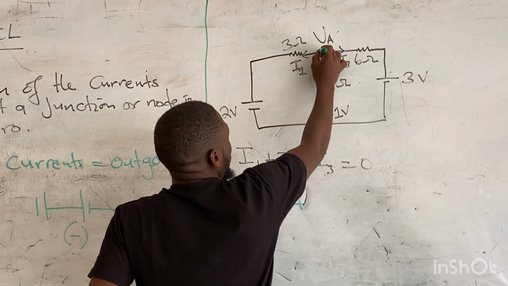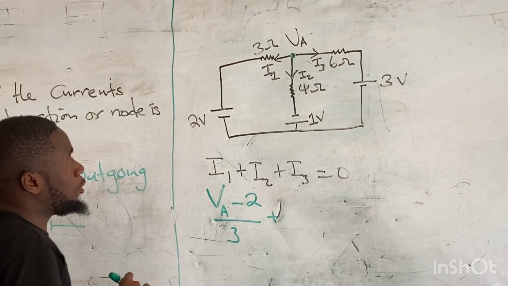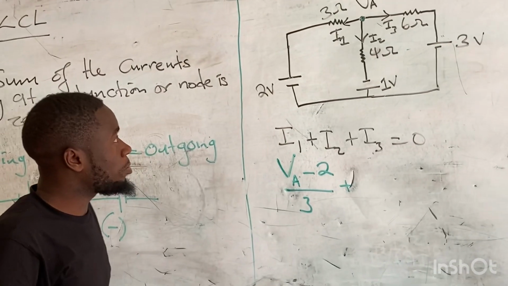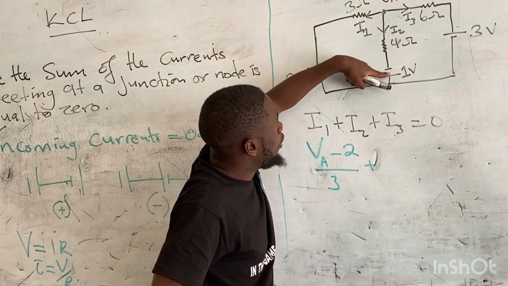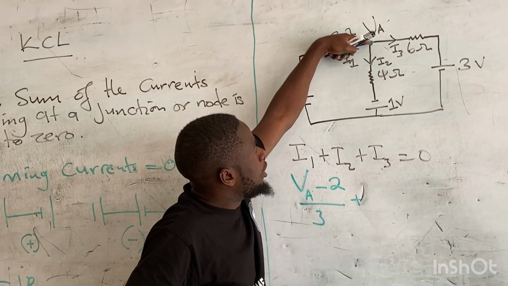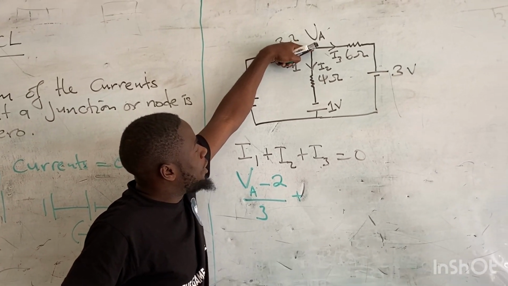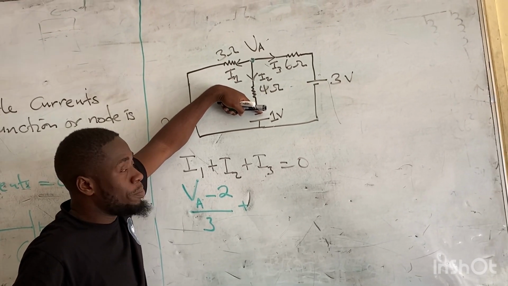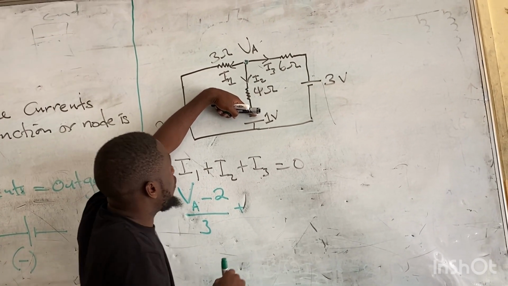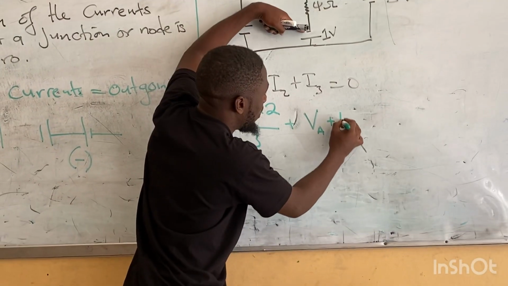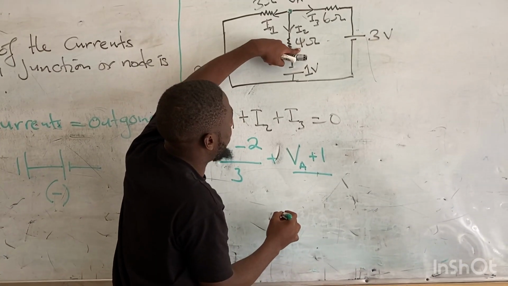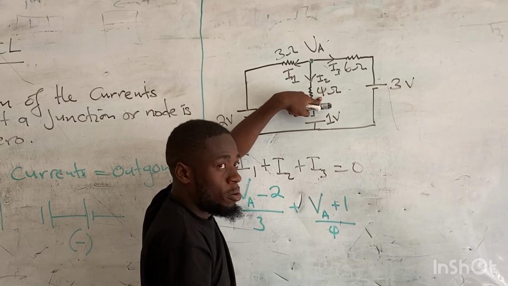Here we move from the higher potential to the lower potential, meaning the positive terminal of the battery is connected to the negative terminal, so it's positive. It will be VA plus 1 over the resistor there, which is 4.